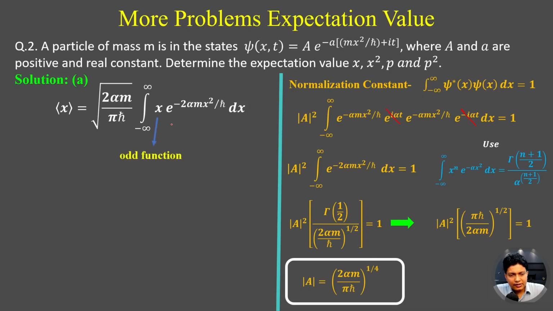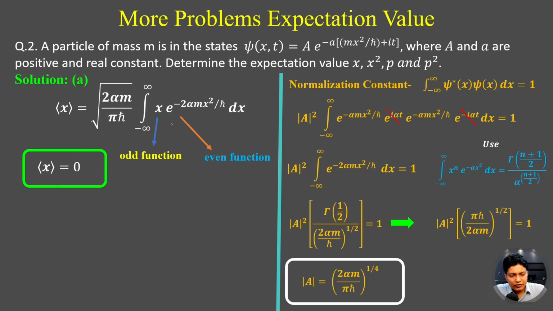Now here we can see x is an odd function and e to power minus 2 alpha m x square by h cut is an even function. So the total is an odd function, and the limit is equal and opposite. So the expectation value of x will be equal to 0.